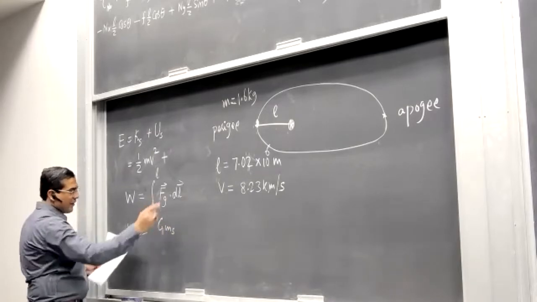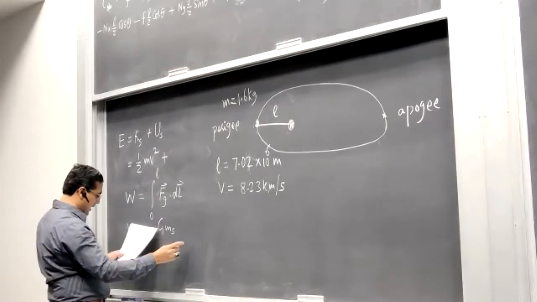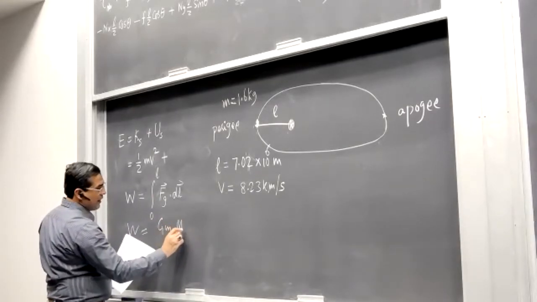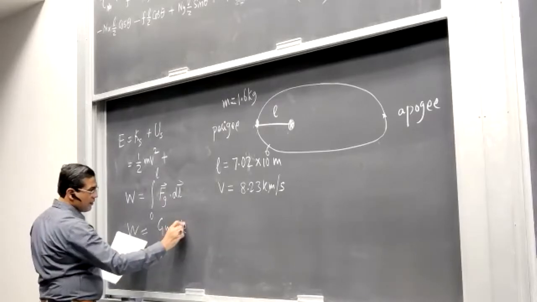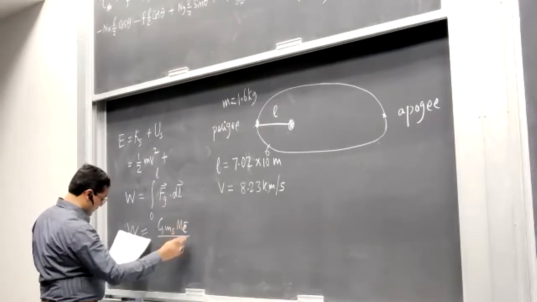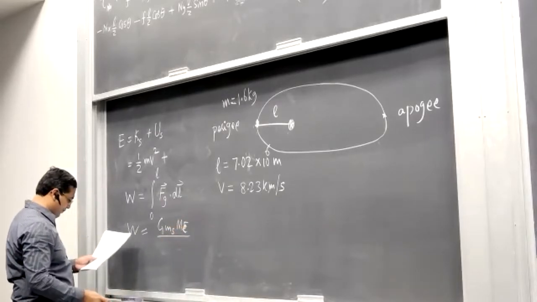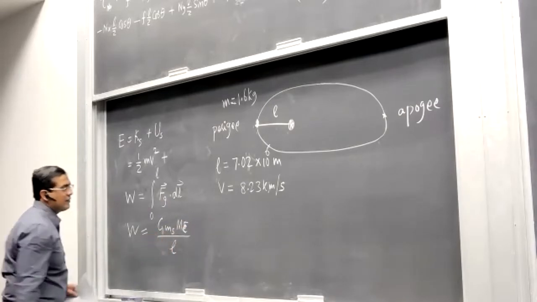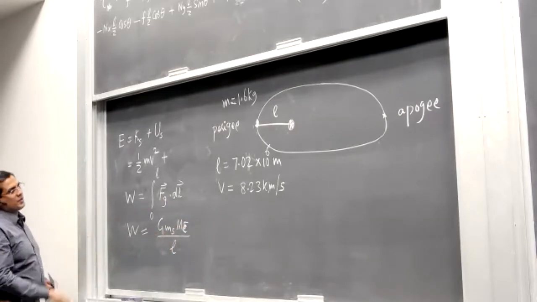If you do this integration, you would get G M_S M_E over L. This would be the potential energy.